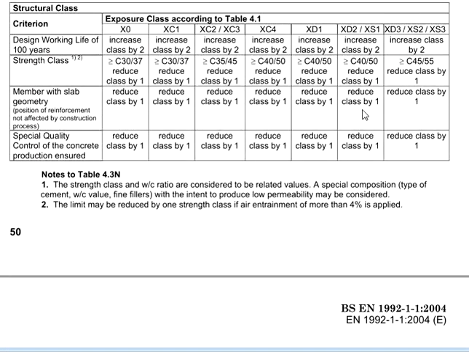The concrete grade is C30. For the exposure class XT2, grade 30 concrete does not lead to the changes in terms of the structural class. 50 years design life is also not influencing the structural class.